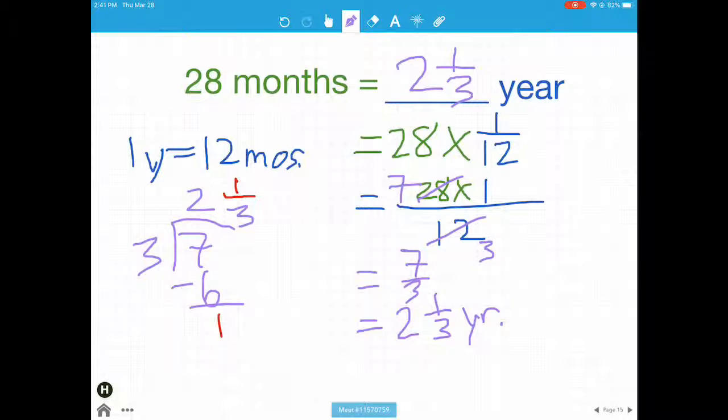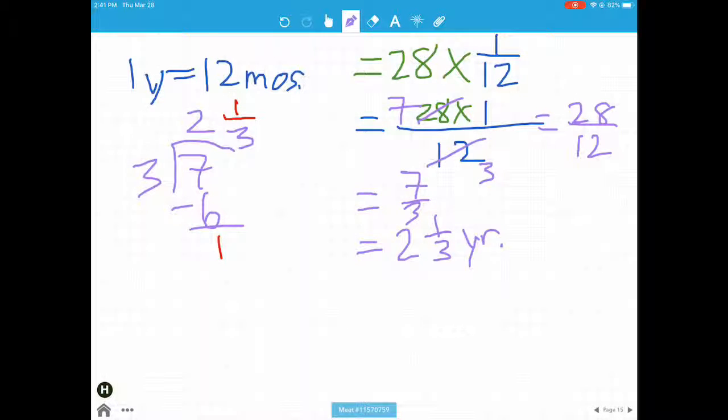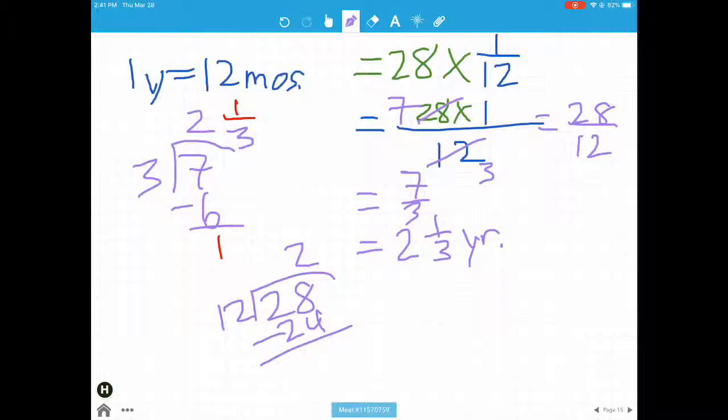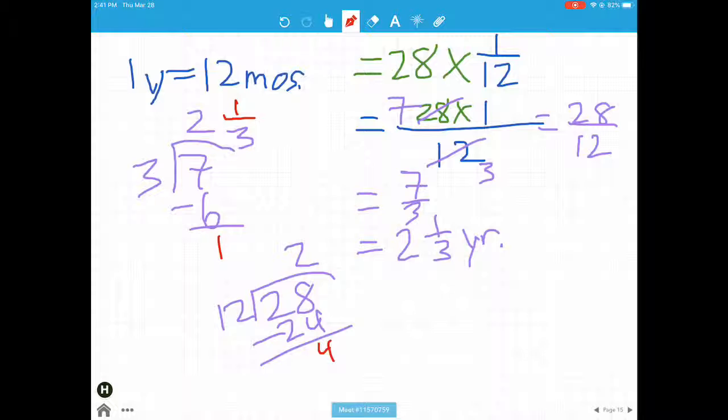Now some of you may want to do the 28. If you did it with the 28/12s, then you would divide 28 by 12. 28 divided by 12 twice, that's 24. You subtract and you get 4. And it'll be 4/12.